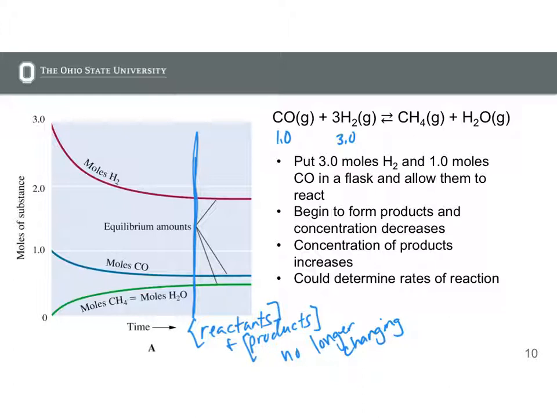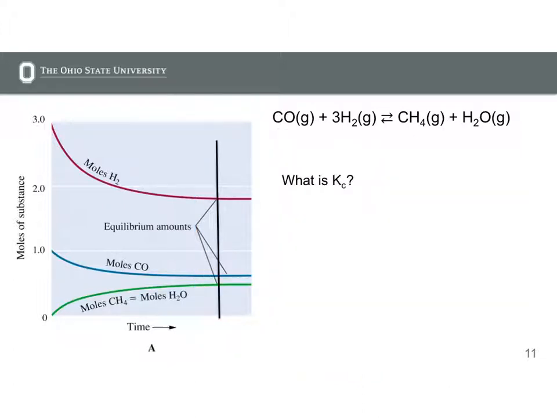So that means we've achieved equilibrium. And what is our equilibrium constant expression for this? We don't need to actually calculate values, although you could from the plot if you assumed you had 1 liter. But we're not going to go there.